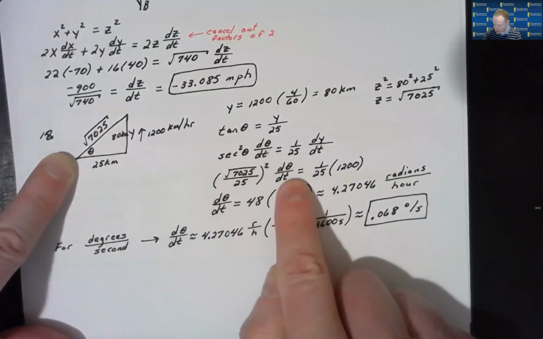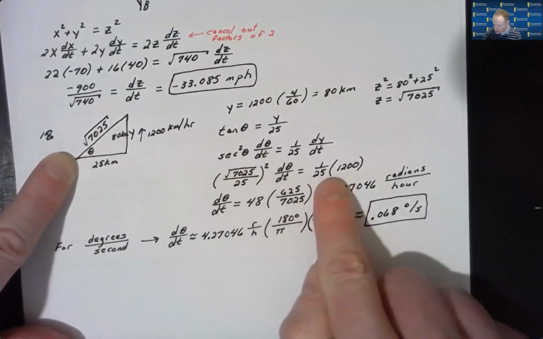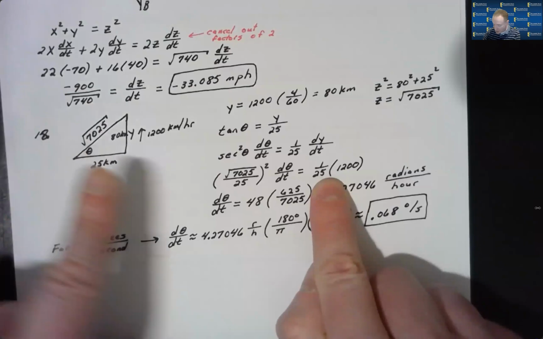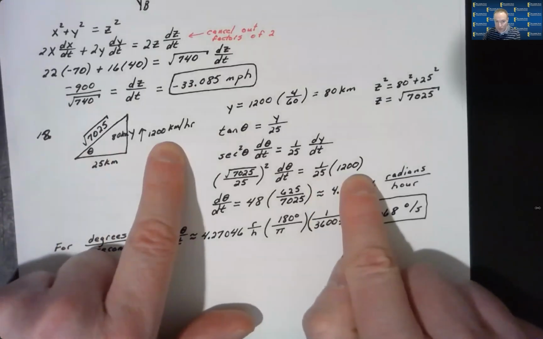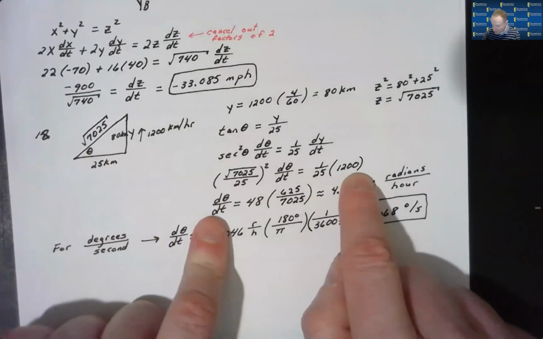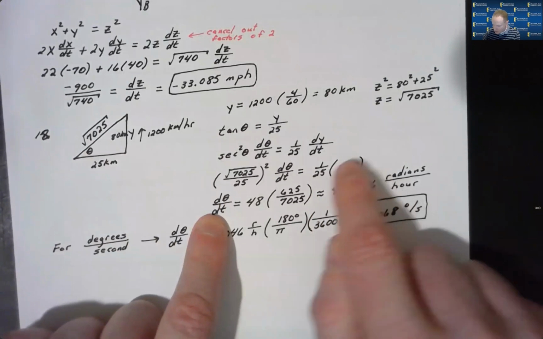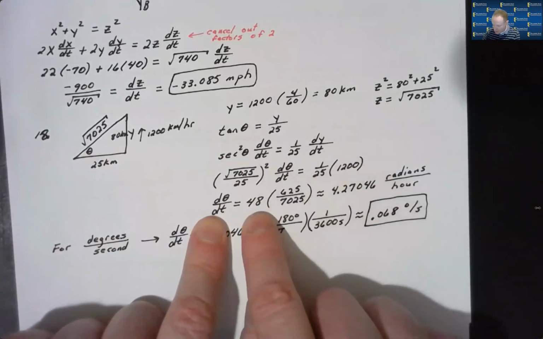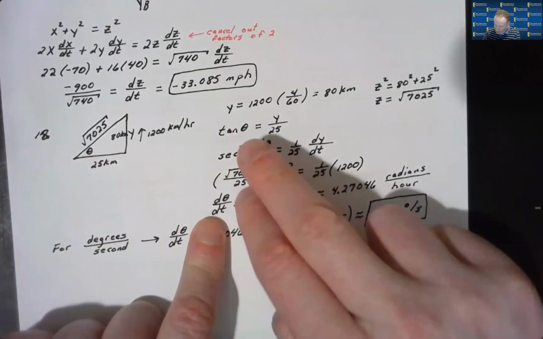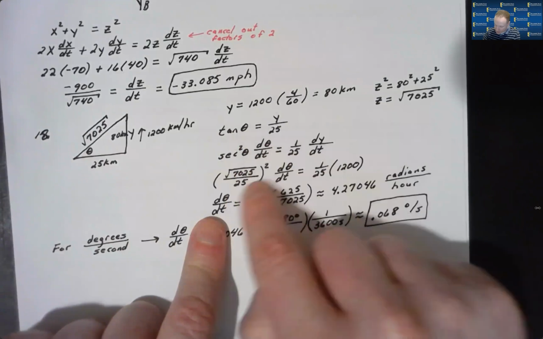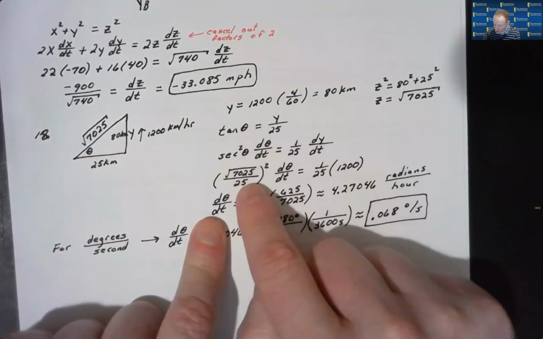We're solving for d theta dt. On the right-hand side, I have 1/25 times dy dt. We already know that's the rate at which the rocket's going up, your 1,200 kilometers per hour. Now, that's going to give me d theta dt. When I took 1,200 divided by 25, I got 48. And in order to get d theta dt by itself, I went ahead and multiplied by the reciprocal of this fraction on both sides.